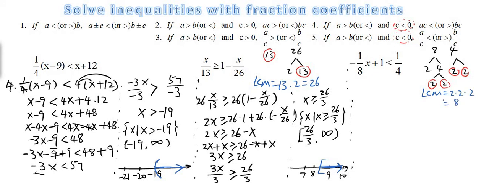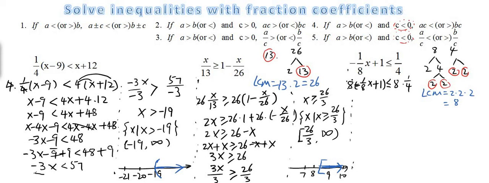So it should be 8. Okay, now we're gonna times 8 for both sides. Since times 8 is positive, that means we will not change the sign of inequality.